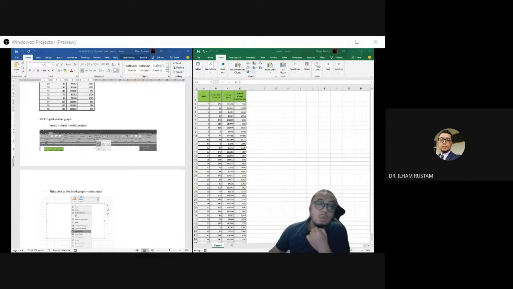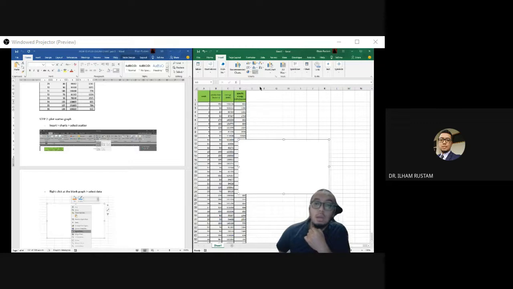What you can do is go to insert and then charts. Make sure you select scatter, insert scatter plot, and then make sure you choose the first one. I hope you can see it. Why is it not showing?